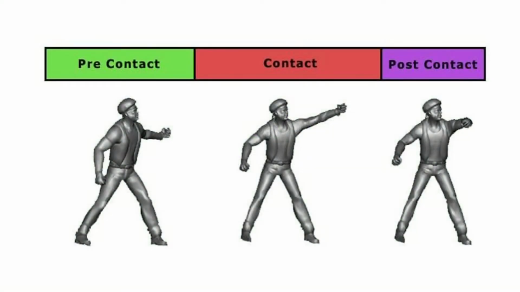And typically in the animation phases for combat, you'll have three phases, which are the pre-contact, so this is winding up to connect through. Then you've got the contact phase, which is where the actual hit happens. Then you've got a post-contact.